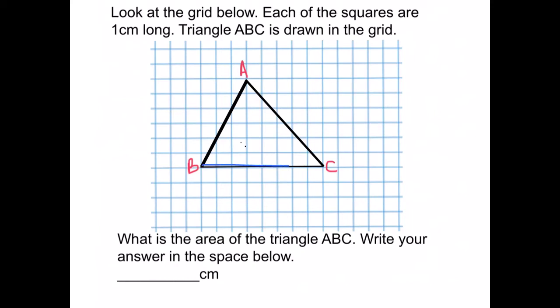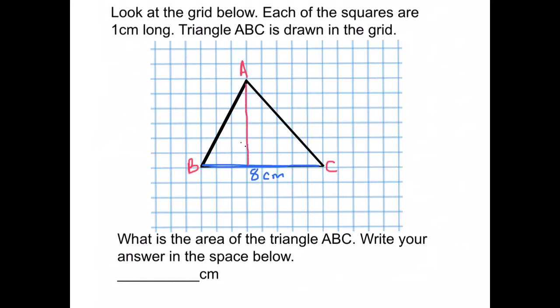So our base running from B to C, we count the squares, 1, 2, 3, 4, 5, 6, 7, 8 centimeters long. And then our height, well, it runs from A down to a point in BC, going down like so.